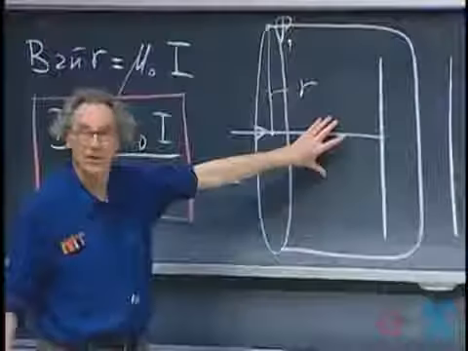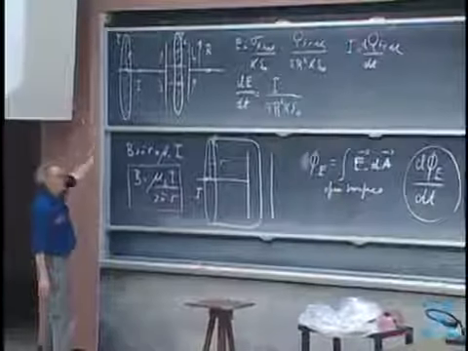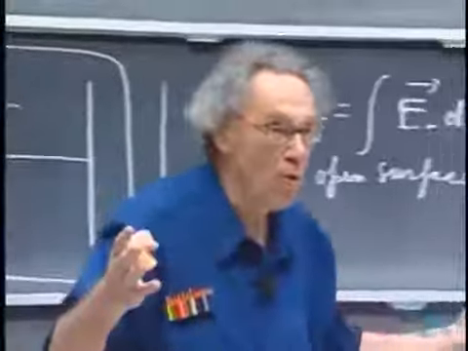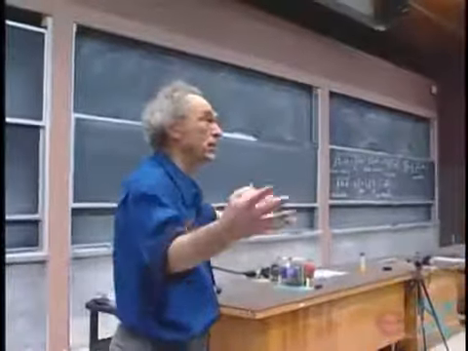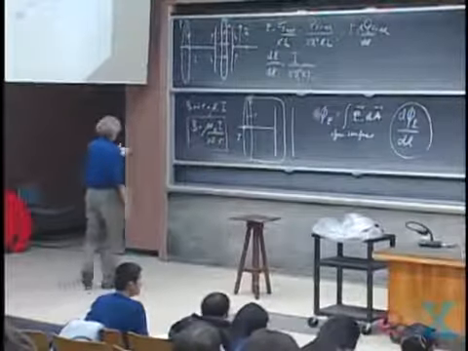And I want to get the same answer. If I use that surface, do we agree that there is a current going through that surface, but there is no electric flux going through that surface? So that second term, that displacement current term, is zero for that flat surface. So this answer is completely valid.